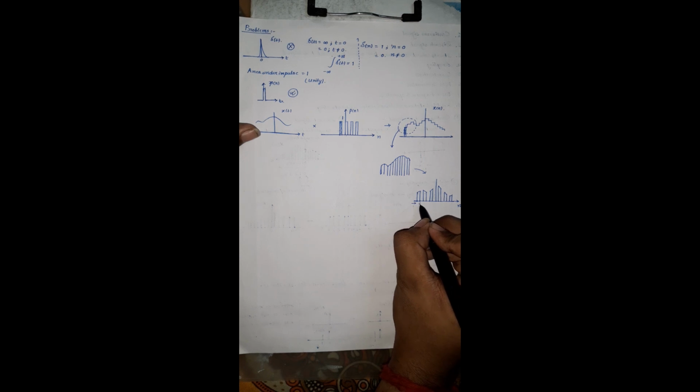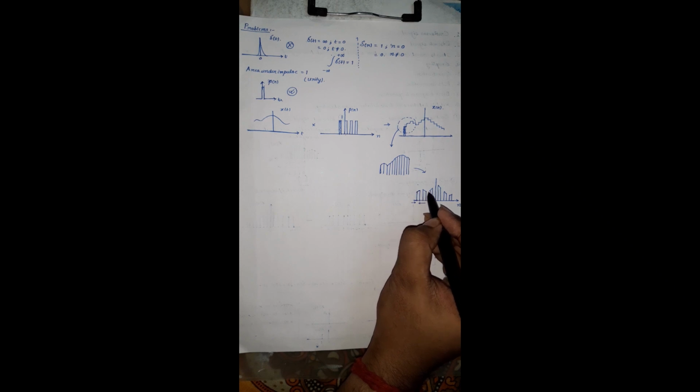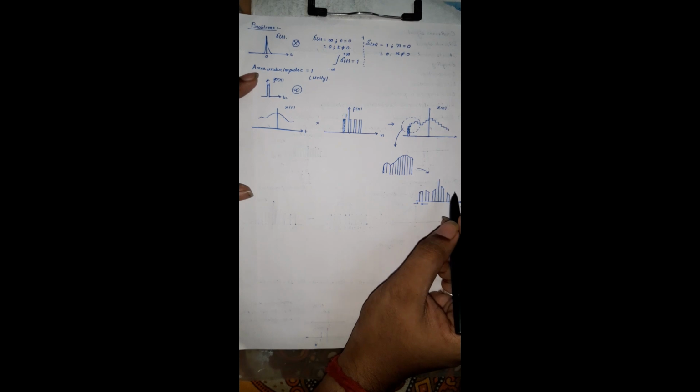Within these small intervals, that is a single bit interval or single impulse interval, the magnitude is continuously varying. So this will create a problem in quantization, because for quantization we need some fixed value, that is fixed valued pulses.